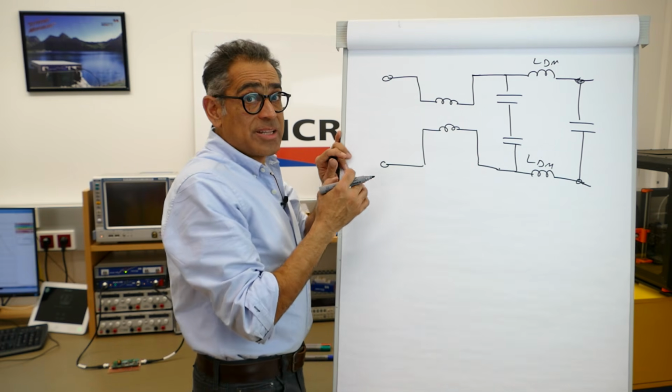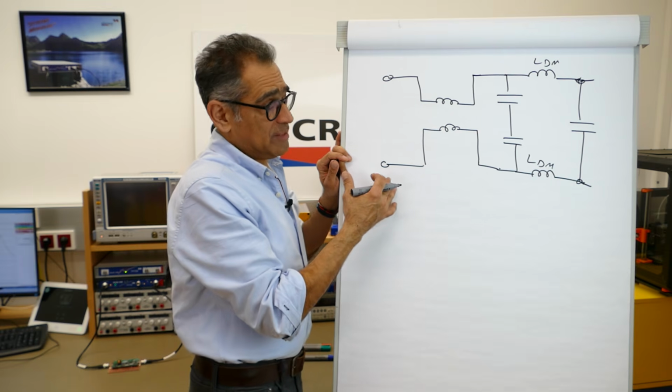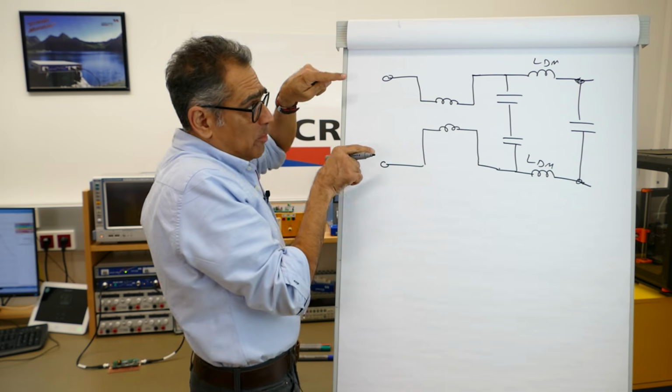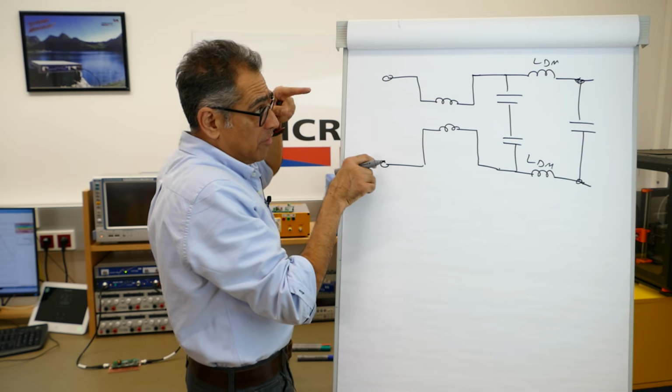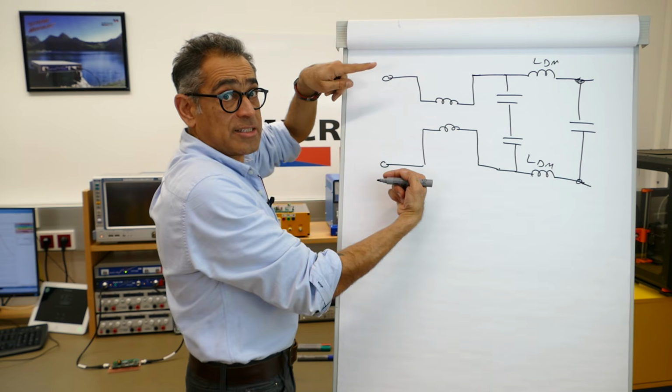I would like to measure the differential mode insertion loss of this filter, and unlike common mode, when the currents were both going in the same direction, for differential mode one current is going this way and the other current is returning.